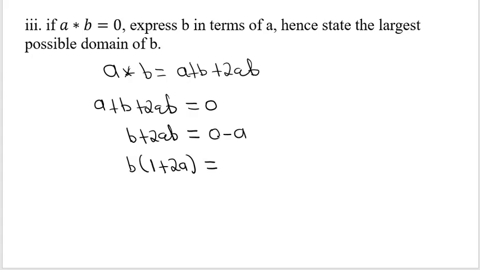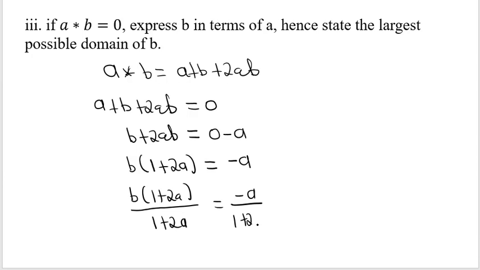This is equal to 0 minus A gives us minus A. Now we are having B multiplying 1 plus 2A is equal to negative A. We want to make B the subject, so what do we do? We try dividing both sides by whatever expression that is attached to the B. So we are going to have our B, we have 1 plus 2A all over the same 1 plus 2A. This is equal to, you have minus A, you have 1 plus 2A.